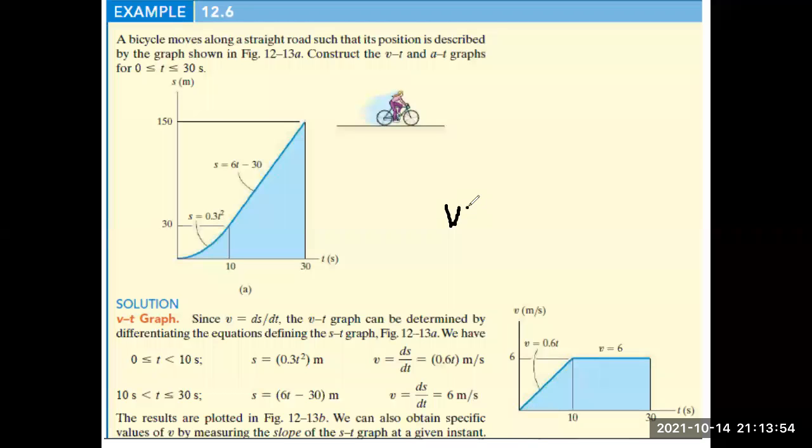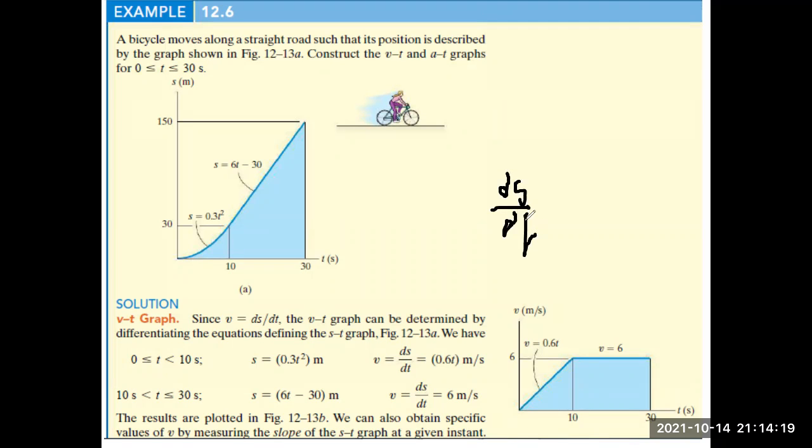Who else could continue? V is equal to ds over dt.